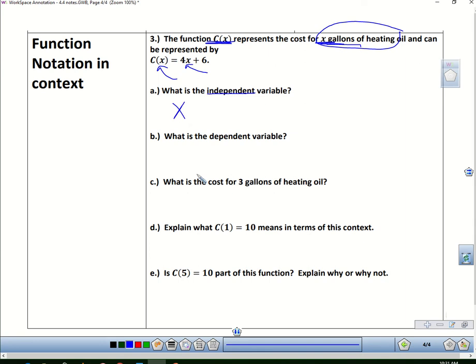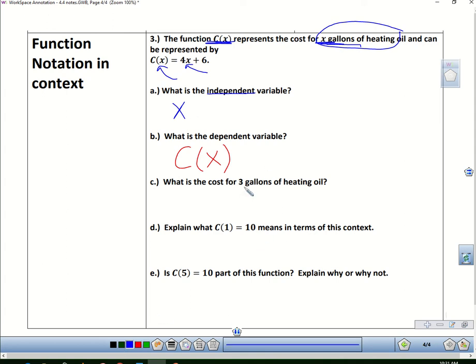Obviously, the cost of the heating oil is dependent on how much you buy. Okay? So then, what is the dependent variable? C of x, because c of x is dependent on how many gallons you buy. Exactly, that represents your cost.